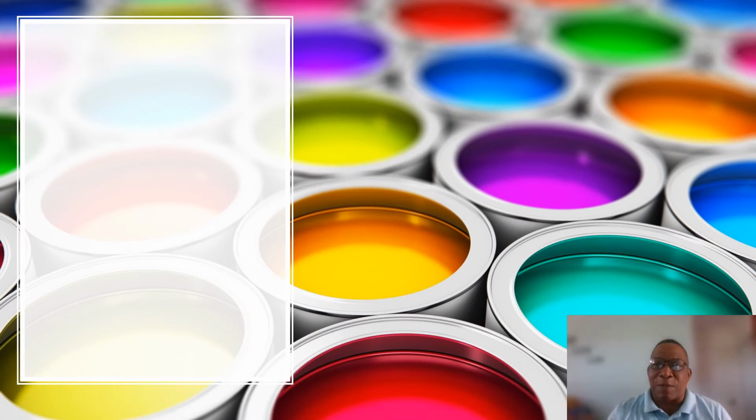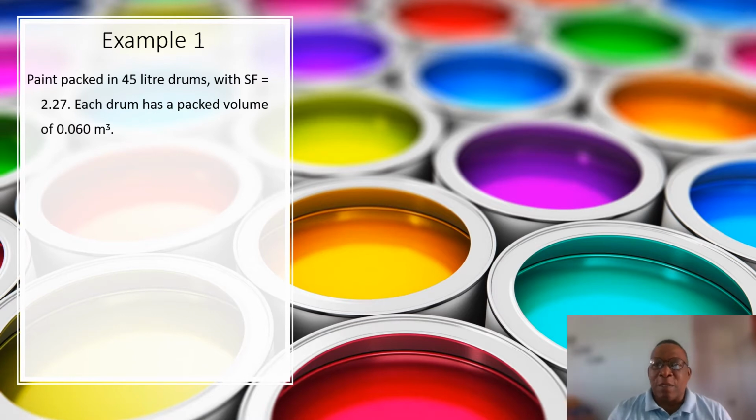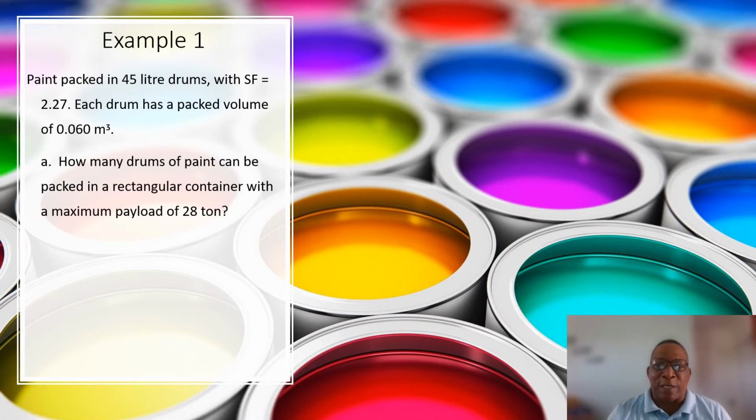In this example, we are given the volume of the drum, the packed volume of the drum, in other words, the space that each drum will take up, and its stowage factor. Also, we are given the payload of the container they are to be packed in. Then the following questions are asked.